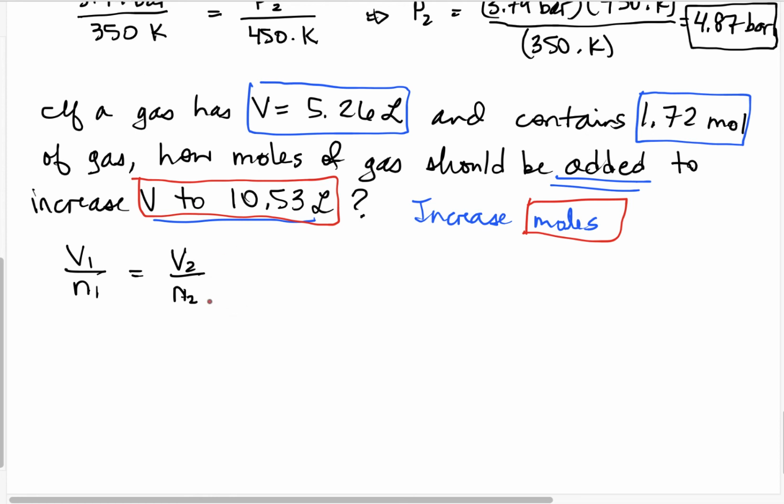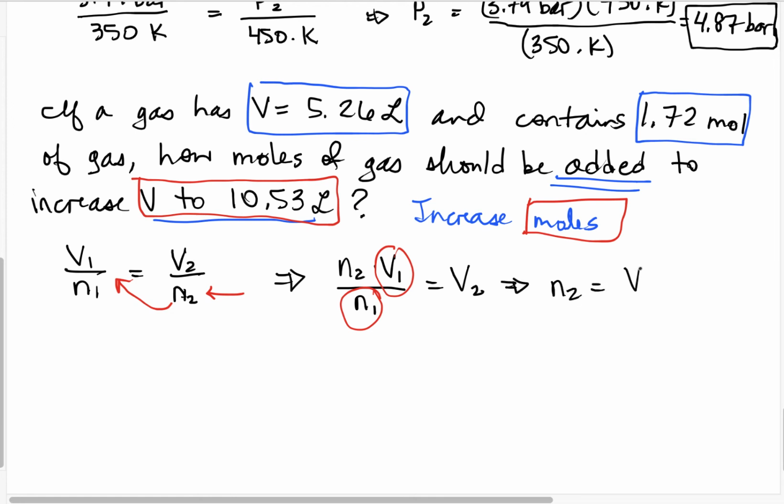So it means that we're solving for this guy down here, which means we've got a little bit more rearranging to do. So I am going to multiply this number of moles over here, and then I'm going to divide out everything else to get it on one side by itself. But I'll show all those steps just in case. So this is what happens if I multiply the n over to the other side. Now I need to divide out my volume 1 and multiply out my n1. So that's going to rearrange to n2 is equal to v2.